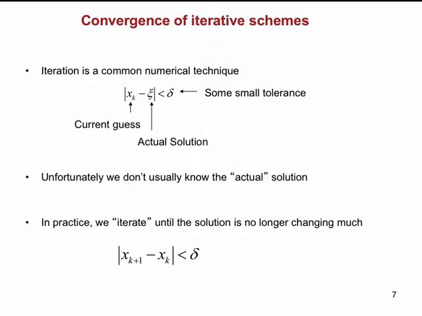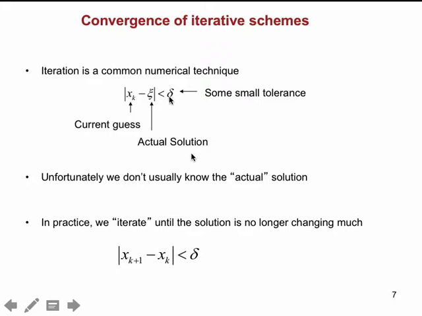But in certain other applications, you might want to be much more precise, and that is up to you. So you will have some current guess and an actual solution, and you will stop when you're close to it. If you don't know the actual solution, then as you're iterating, you look at the value in the previous step and the step currently, and as long as they are getting close, you say, okay, I'm converging to a value, and I'm close enough, so I'm going to stop when the difference is less than this.